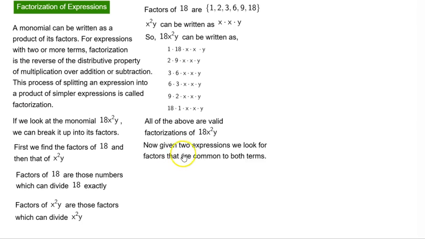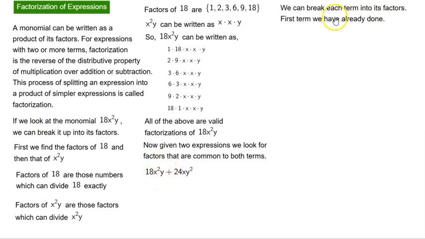Now, given two expressions, we look for factors that are common to both terms. Say we have a binomial 18x square y plus 24xy square. We can break each term into its factors. First term we have already done. Factors of 24 are 1, 2, 4, 6, 8, 12, 24. xy square can be written as x times y times y.